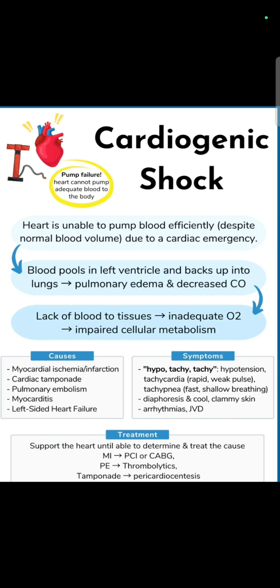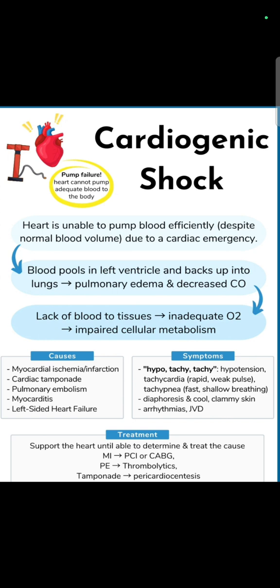For proper oxygenation, there should be adequate blood supply. If the blood is not supplied to tissues adequately, there is a lack of oxygen, which leads to hypoxia. When there is hypoxia, cellular metabolism gets impaired.